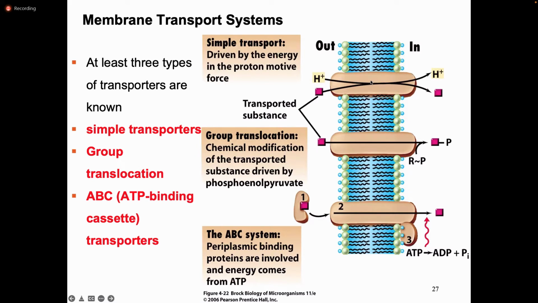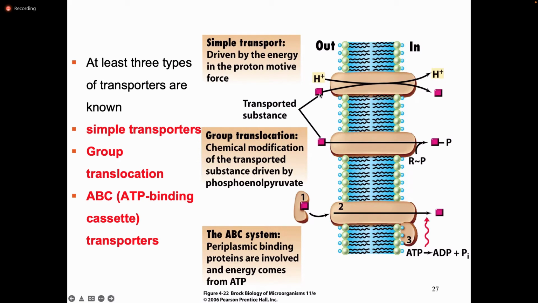Simple transport must have energy to help it. This energy generally is the hydrogen ion potential, that is, the electromotive force that drives the passage of this substance. So it's a simple transport.